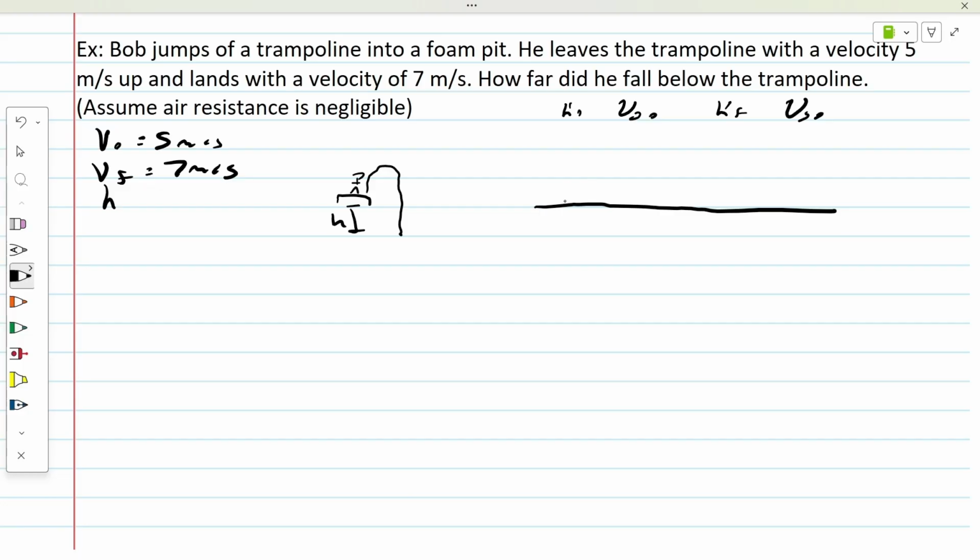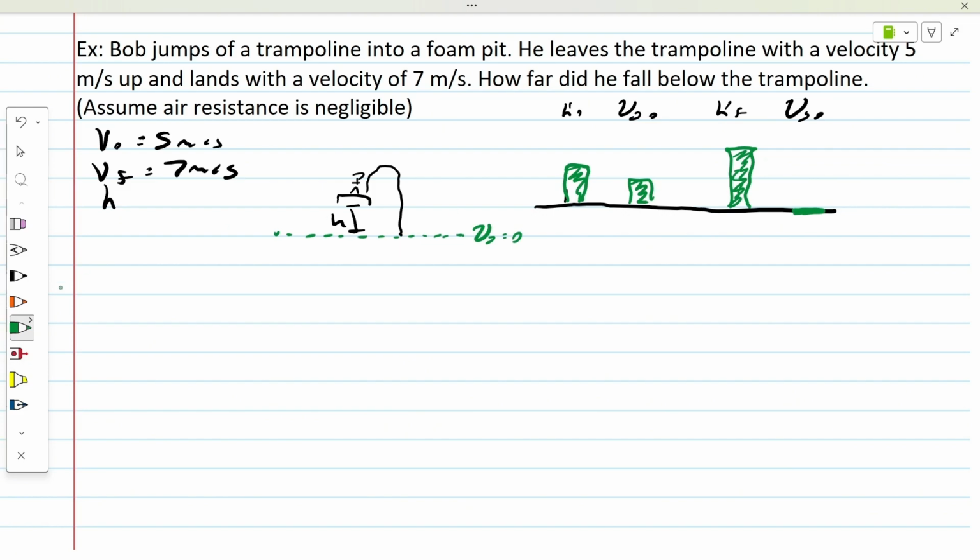He'll have some initial kinetic energy and some initial potential energy. And then he'll have some final kinetic energy because he lands with 7 meters per second. But if we define the foam pit as the potential energy equaling 0, that's the reference point, then there'll be 0 potential energy at the end. And so all of this initial potential energy is converted to kinetic energy.